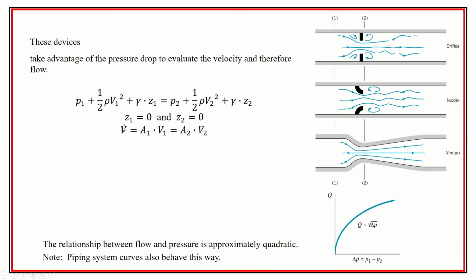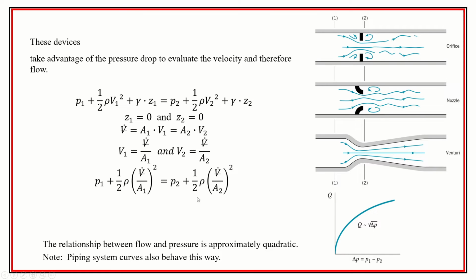So the volumetric flow rate at 1 is going to be equal to area times velocity at 1, and the volumetric flow rate at 2 is going to be area 2 times velocity. So we could know that the velocity 1 is going to be the volumetric flow rate divided by the area, and the velocity 2, same thing. So we could substitute those in and solve for the volumetric flow rate.